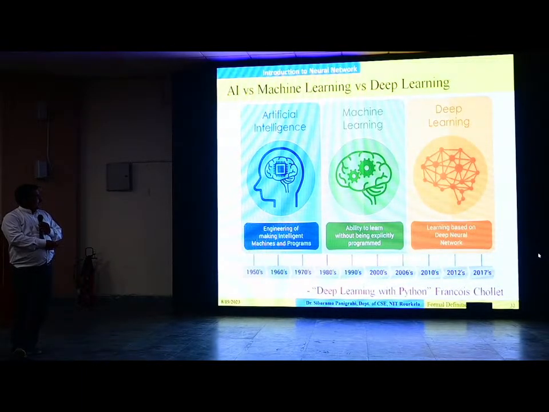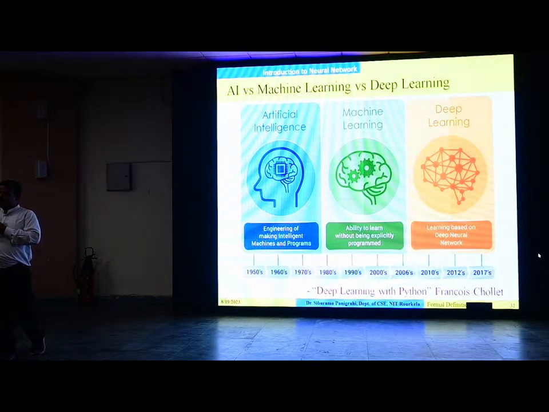Artificial intelligence is the superset of machine learning, and machine learning is the superset of deep learning. Artificial intelligence began in the 1950s, by the 1980s we coined a new term, machine learning, and by 2010 we coined a new term, deep learning, based on a special type of machine learning model, that is the neural network.